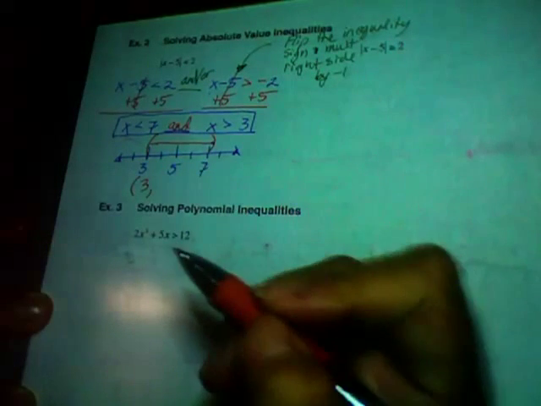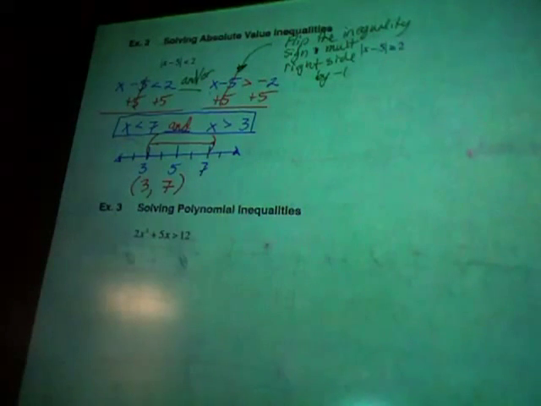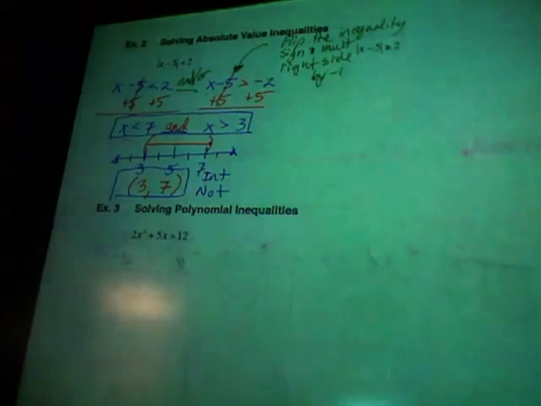We don't include 3, so it's an open parentheses. And then we stop at 7, but don't include 7, so it's an open parentheses. It does look like an ordered pair, but it's not. This is your interval notation. So that one looks a little odd.